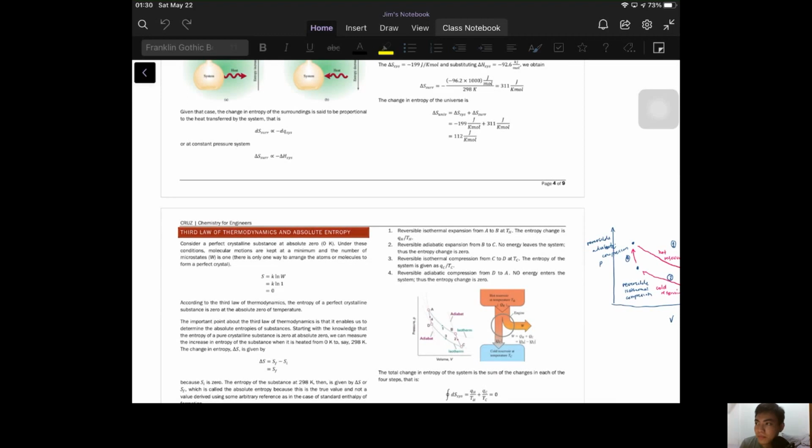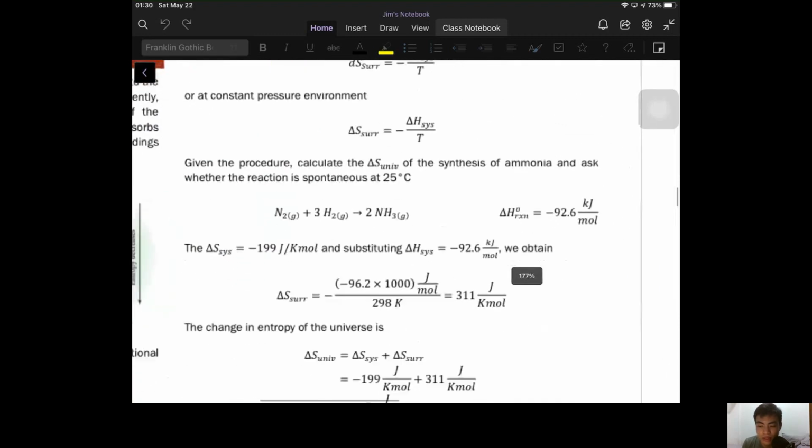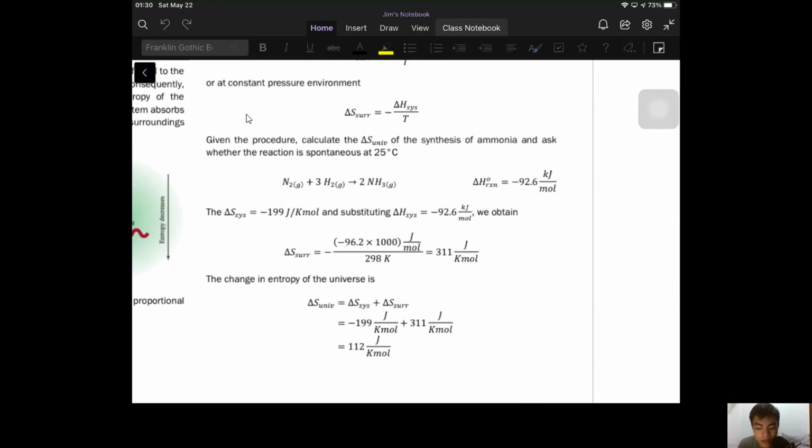For chemical reactions, for example, itong ginawa natin dito, mapapansin nyo that in order for you to determine if the reaction is spontaneous or not, you have to solve for 2 entropy values. Dalawa yung isosolve mo: the delta S system and the delta S surrounding.